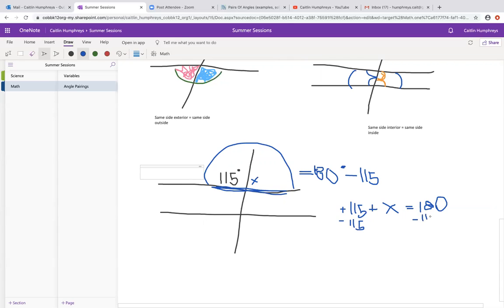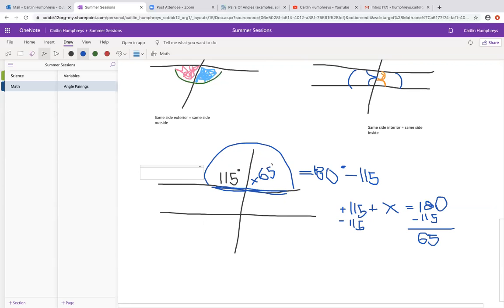Subtract 115 from each side. And 180 minus 115 is going to equal 65. And I feel 80% confident about that. Yes, that's correct, 65, which means this angle measurement is 65 degrees.